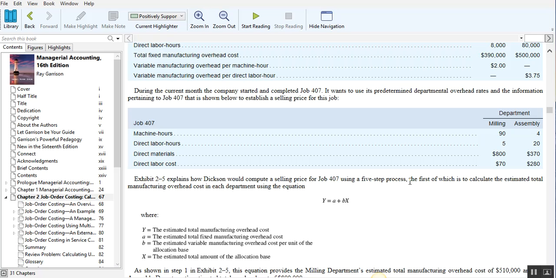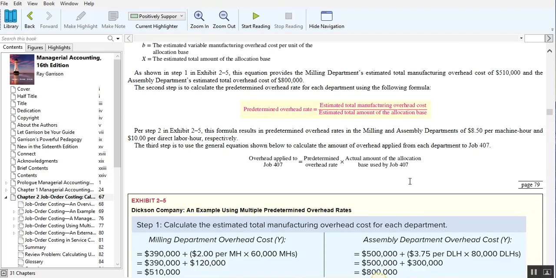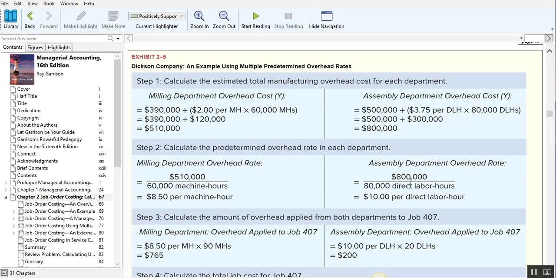When we look at these, we're going to calculate the total manufacturing overhead costs for each and then figure out how we're going to allocate it. So remember this formula that we talked about a minute ago. Here on this one, we identify the manufacturing overhead costs for the milling department.